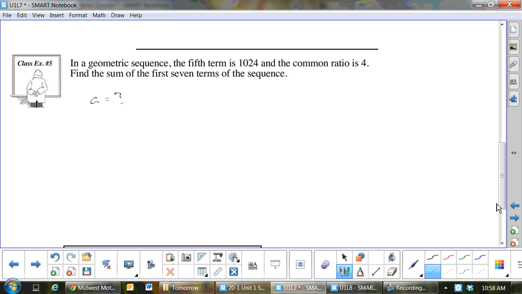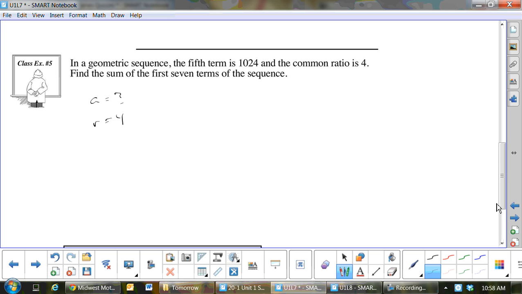Do we know R? Which one are we going to use, Tn or Sn? What are we looking for? I think Tn's not going to help us here at all.